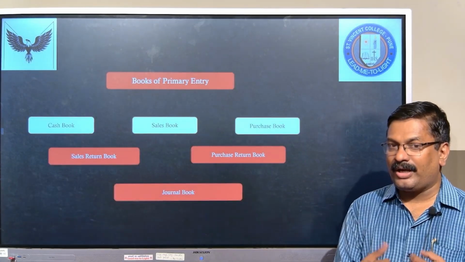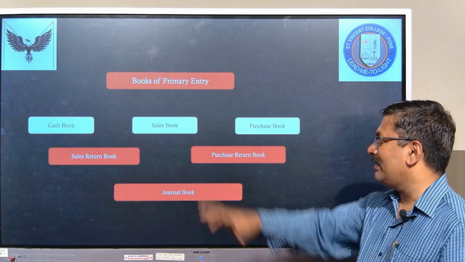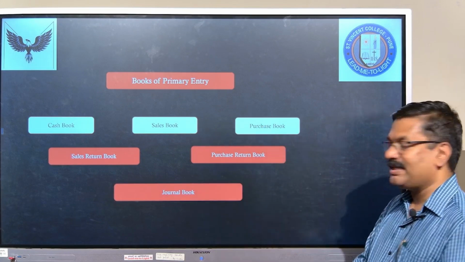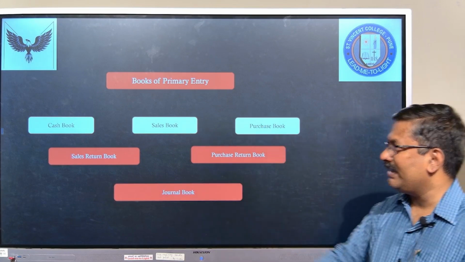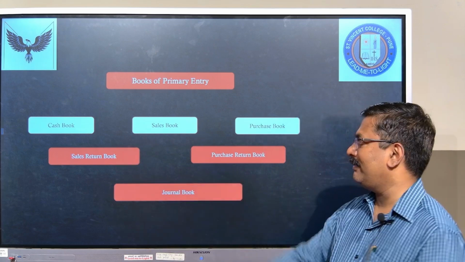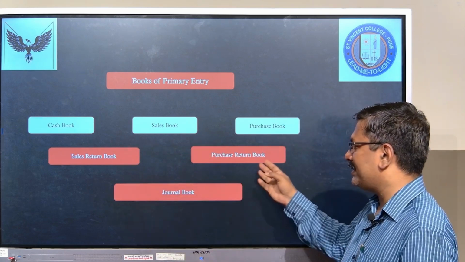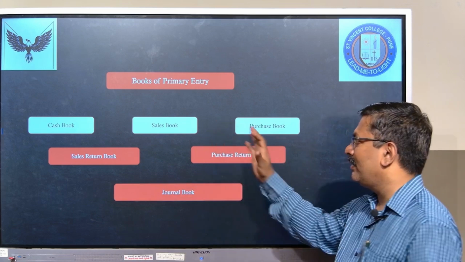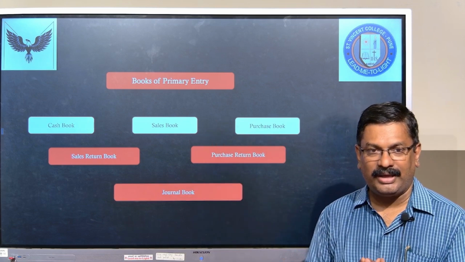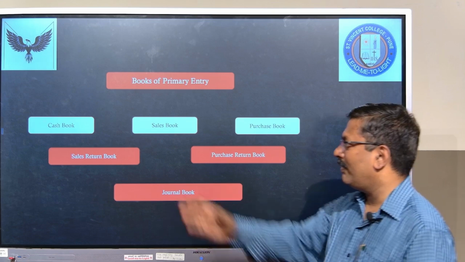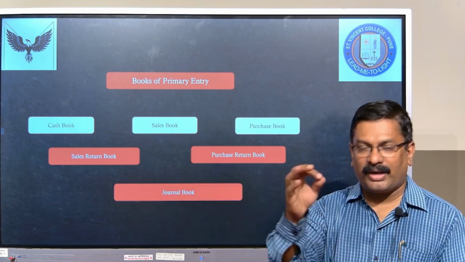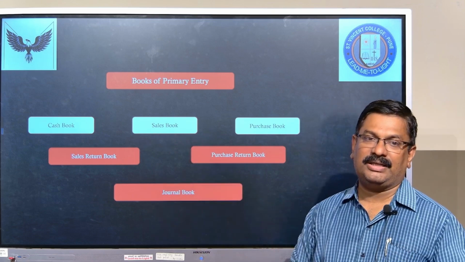When an accountant records, there are basically six books of accounts. One is called the cash book, then the sales book, purchase book, sales return, purchase return and journal. When you are accounting in Tally or any software, what is a cash book? It records all types of cash transactions.